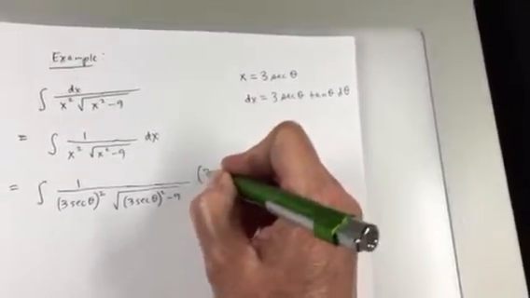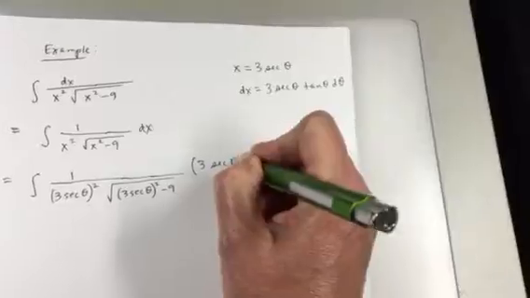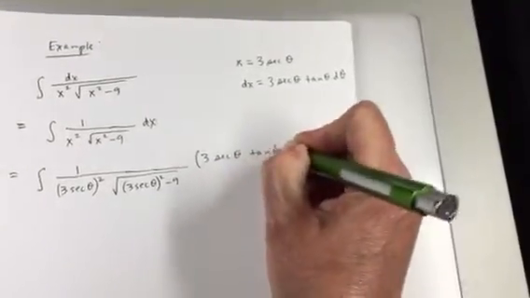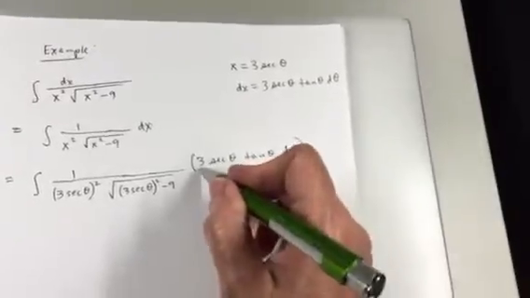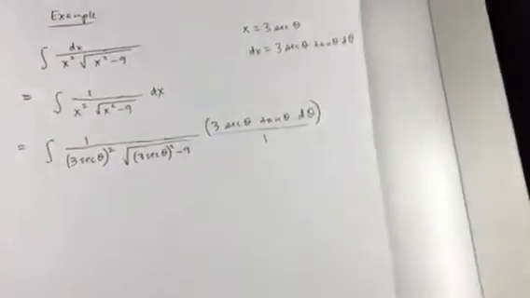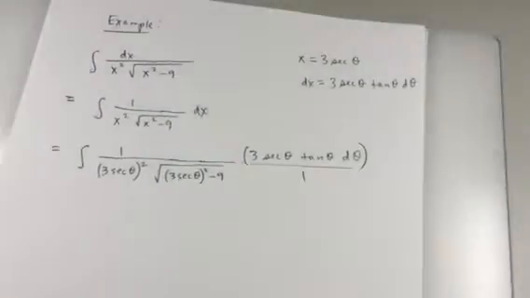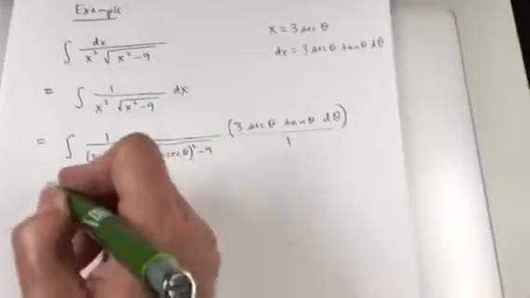So dx is 3 secant theta tangent theta d theta. And you could put that over 1 if you like, because I got to multiply this and simplify everything I have here.